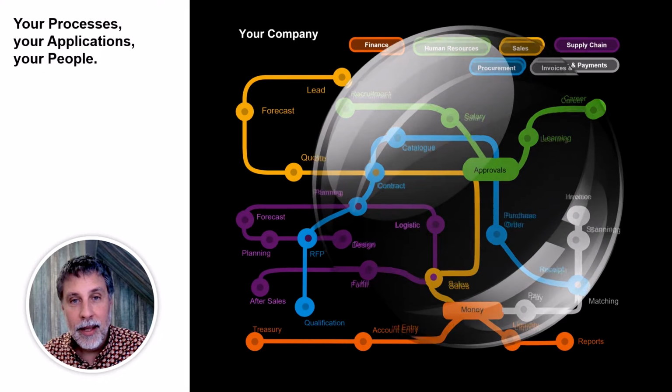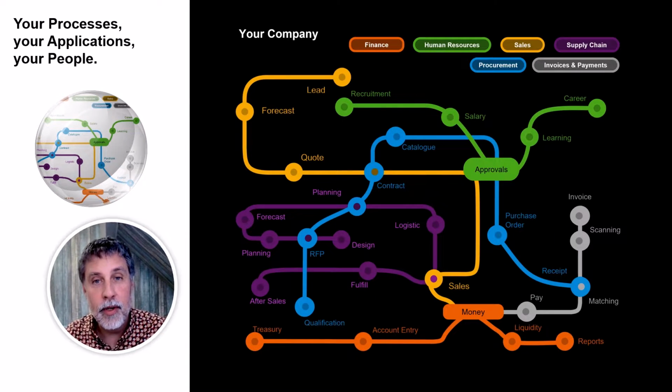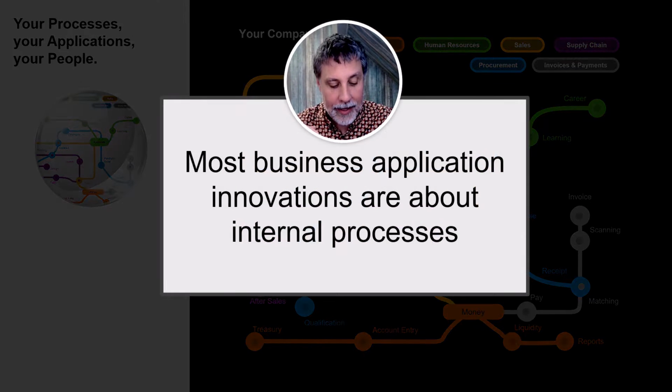This world and the innovation that we see happening in this world are most of the time focused inside your company. How do I make myself faster, better, leaner, more quick, more powerful? And once again, it's always the inside processes that are being looked at, very much not outside.